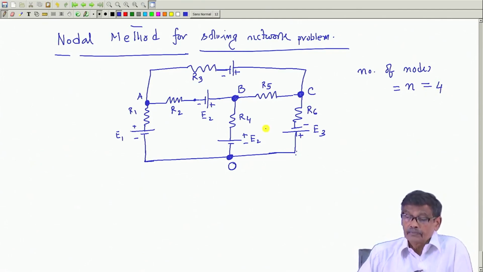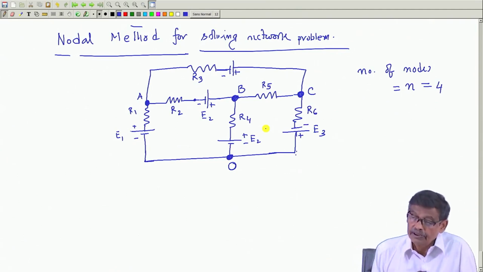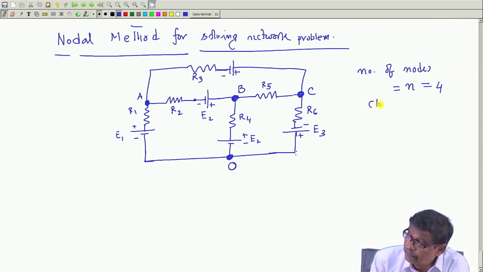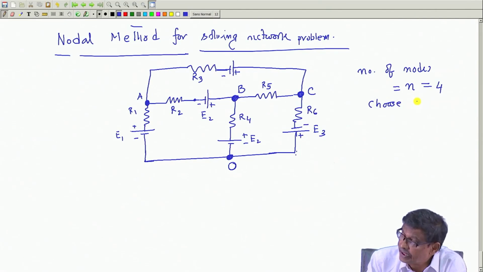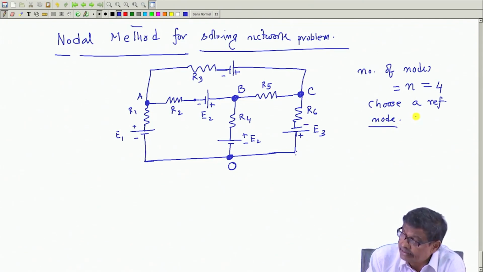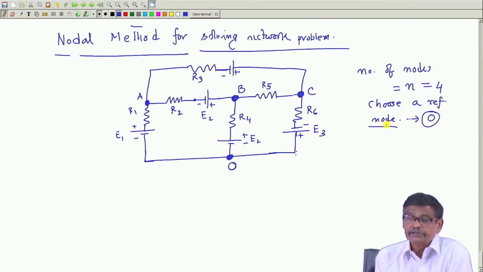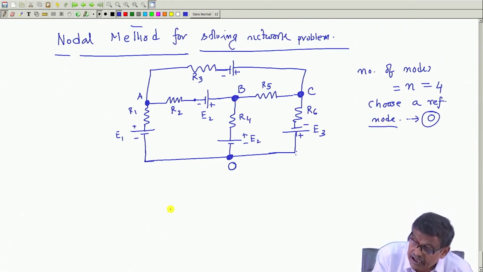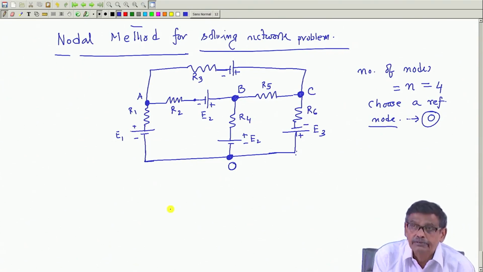Then I say that you choose a reference node. I have identified the nodes, I have chosen a reference node, and I have named it O. At this point you must understand that any of these I could choose as reference, not necessarily this one. I could choose C as my reference.